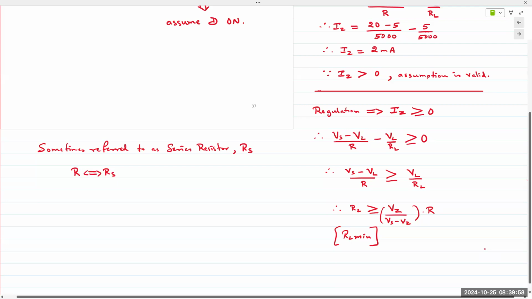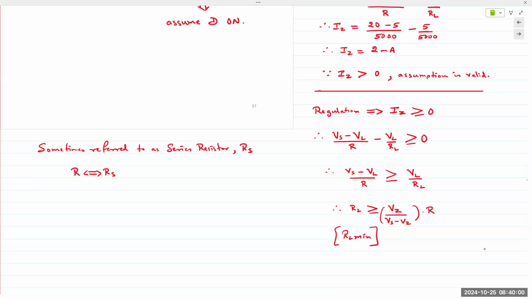And so if you have a fixed load, you can decide what value you want for your series resistor based on this equation. Okay. All right, let's take a pause.